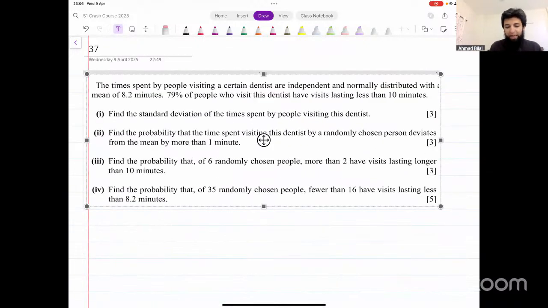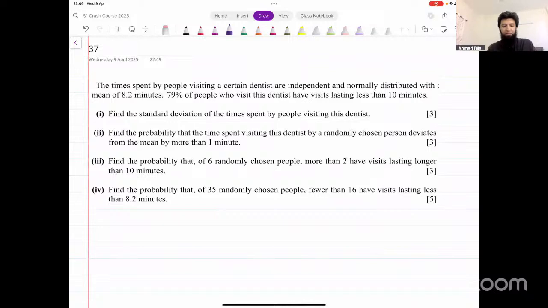Okay, so it says the times spent by people visiting a certain dentist are independent and normally distributed with a mean of 8.2 minutes and standard deviation is not given. 79% of people who visit this dentist have visits lasting less than 10 minutes. That's what we're given.